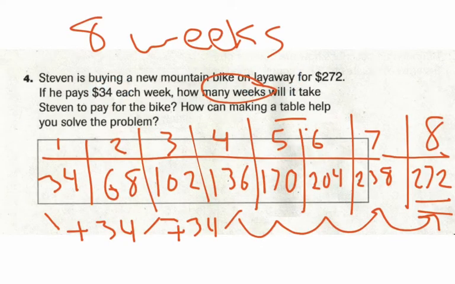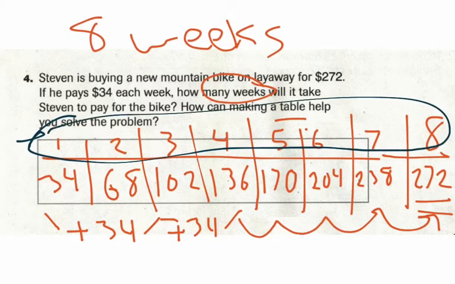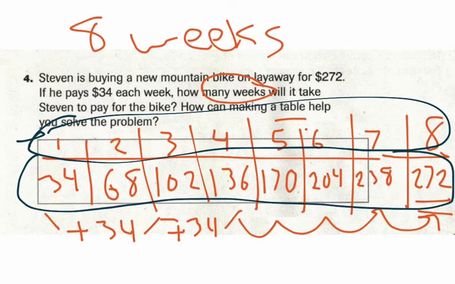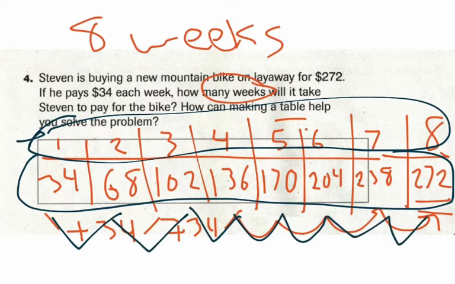So to do this, I create a table. You can see these are my weeks on top here, and these are the amount of money I've paid total. You can see the change is plus 34. So if I chomp, chomp, chomp, chomp, it looks like in 8 weeks I get 272.